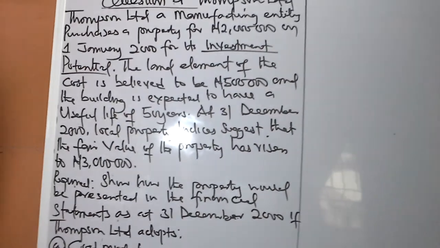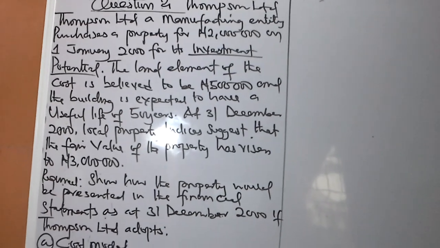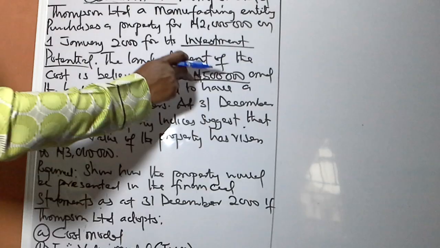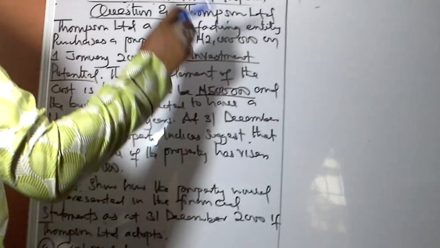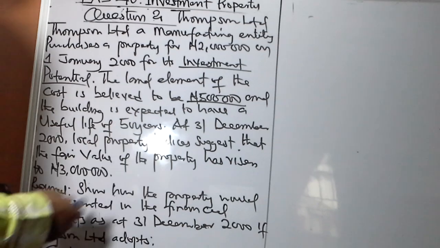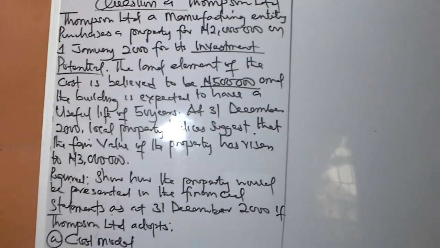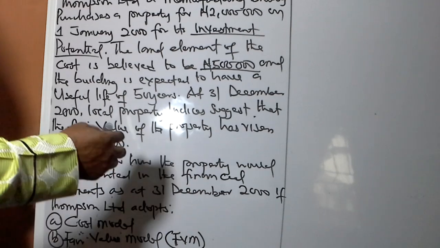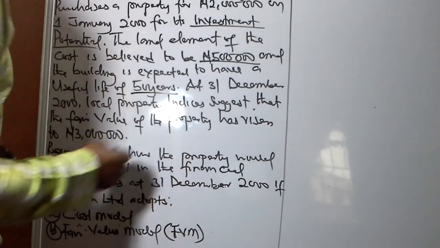The land element of the cost is believed to be 500,000, out of this 2 million, and the building is expected to have a useful life of 50 years.